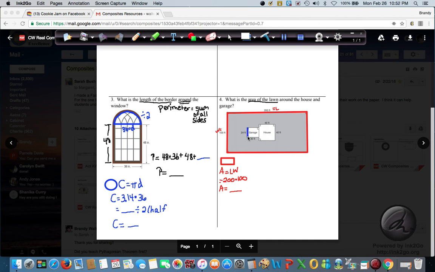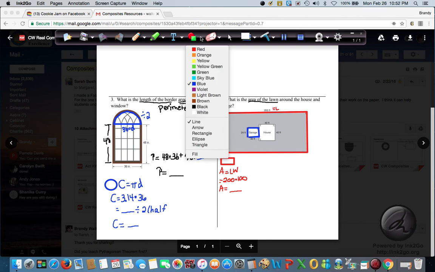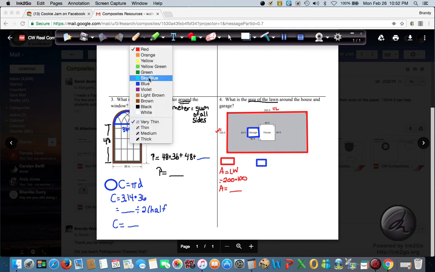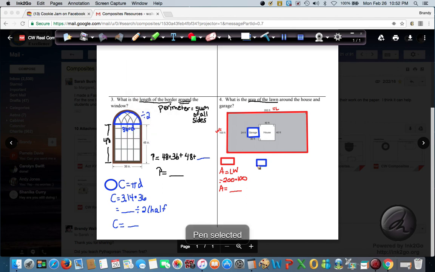So we have a garage here. And then we're going to have our house. So if we look just at the garage, we're going to have a little rectangle. And the nice thing is it's the same formula. Area equals length times width.